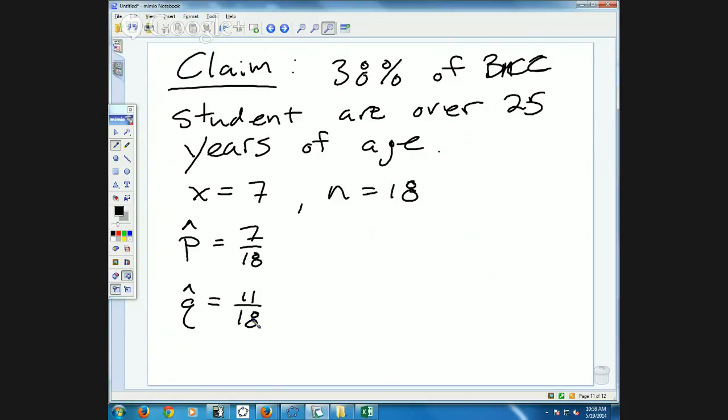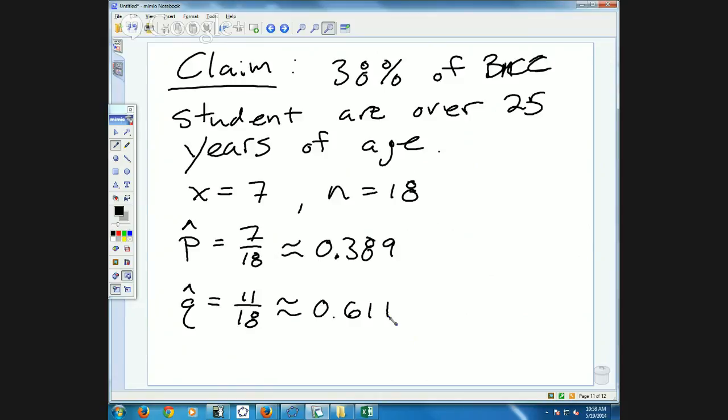What is 7/18ths approximately? 0.389? Cool. That's kind of close, huh? And so that makes q hat approximately 0.611. So about 38.9% of the people in this room are over 25 years of age, and about 61.1% of us are 25 years or younger.